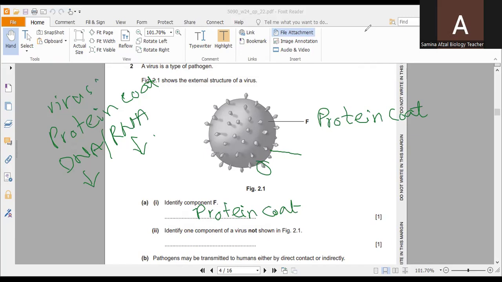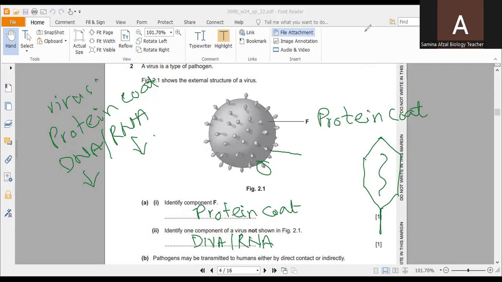Next, identify one component of a virus not shown in figure 2.1. That is definitely the outer coat has been shown, but the inner core has not been shown, and the inner core contains DNA or RNA, which has not been shown in this. As for example, if we see its internal structure, you can see it is just like this.